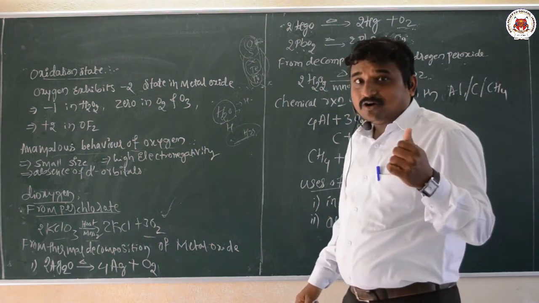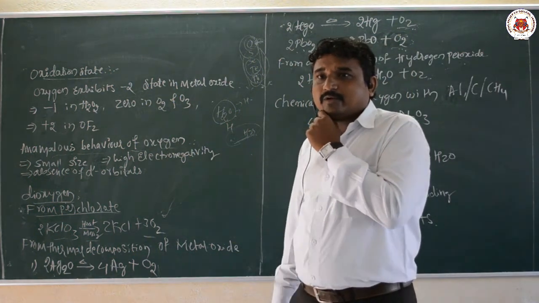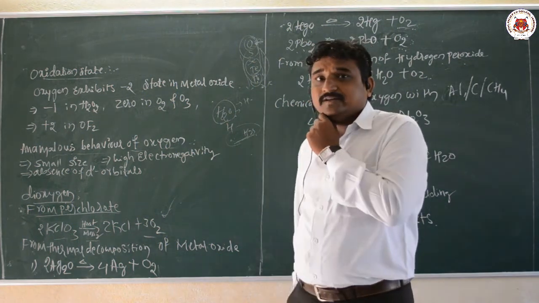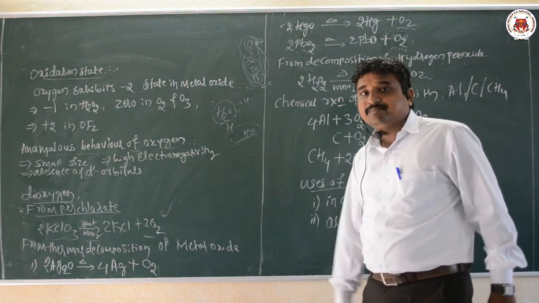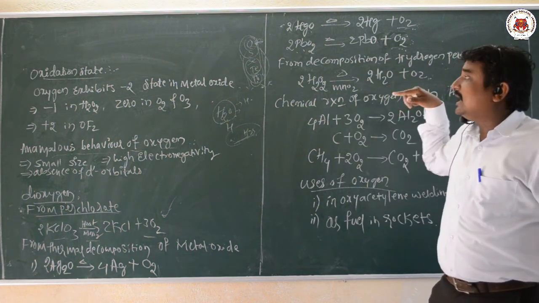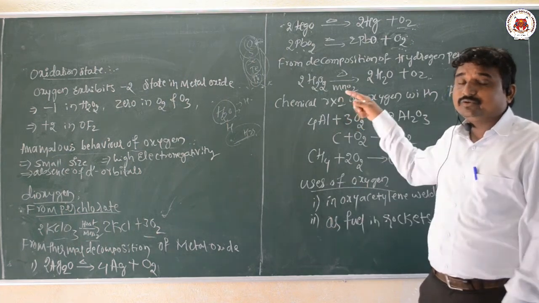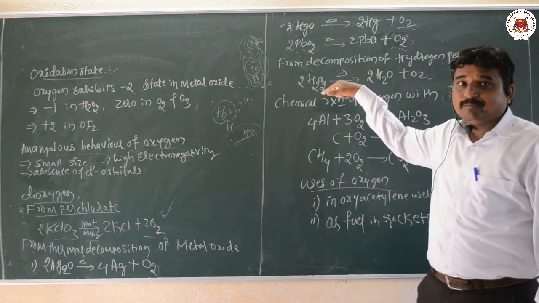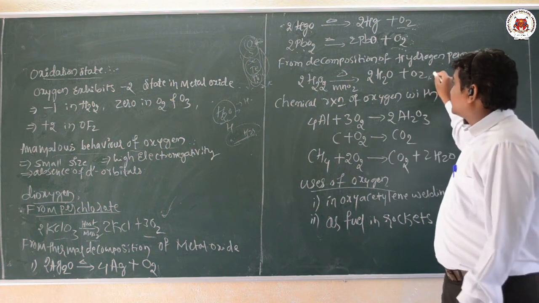So from the perchlorate we prepare dioxygen; from the thermal decomposition of metal oxide, with examples silver oxide, mercury oxide, lead oxide; and from the thermal decomposition of hydrogen peroxide, H2O2, in the presence of MnO2 catalyst, there is a formation of oxygen.